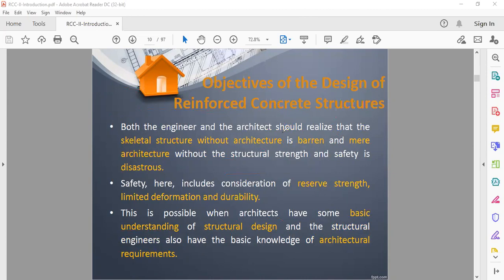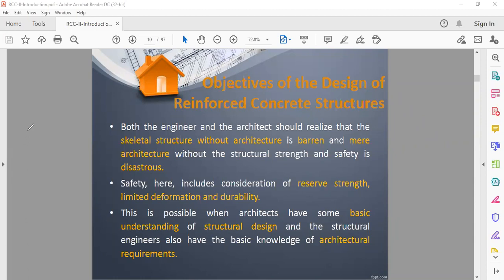So both engineer and architect should realize that a skeletal structure without architecture is barren, and mere architecture without structural strength and safety is also a disaster. Most of the time you will see that the building has a different look, and because of that look only, the person usually gets attracted towards it.